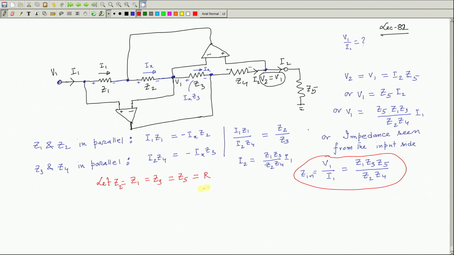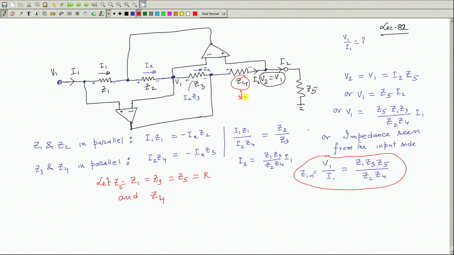They may be different values also, but I make them resistances. And then suppose Z4 is this one. Although I have drawn a resistance symbol, it can be drawn by a box, but it could be any impedance Z4.